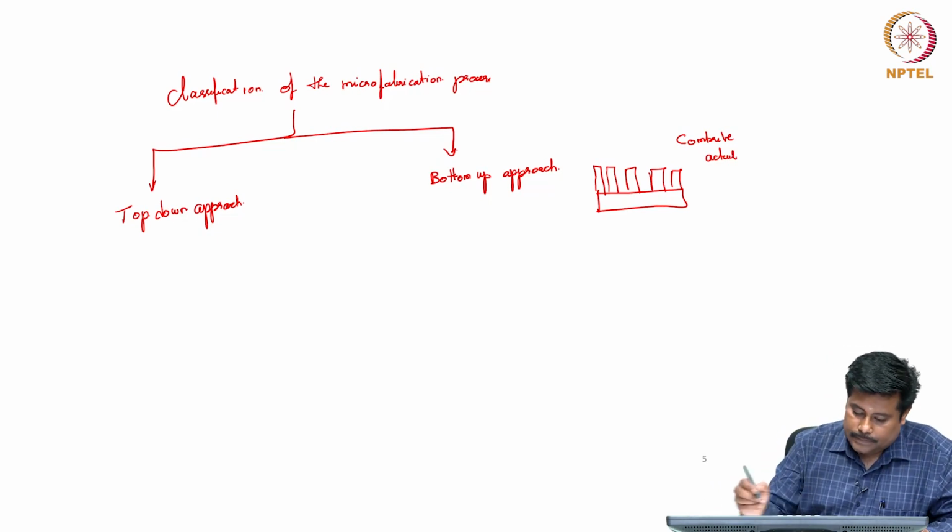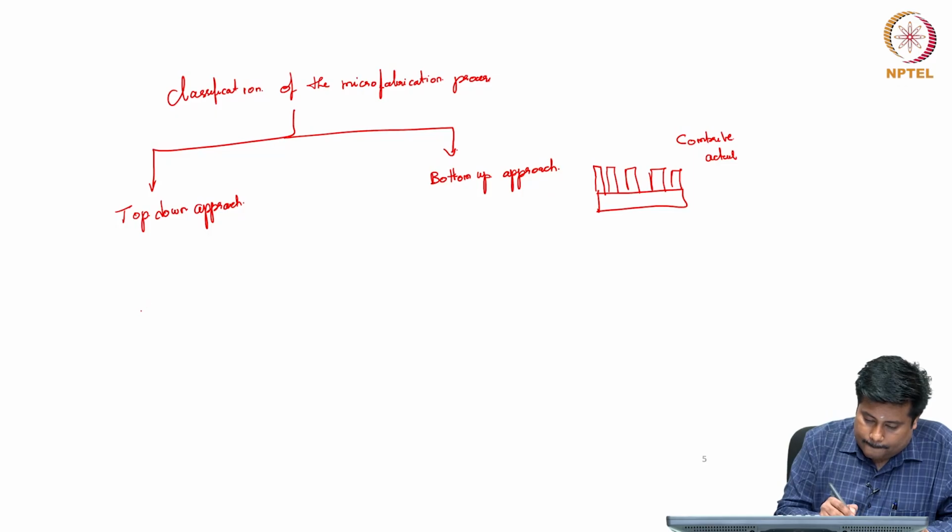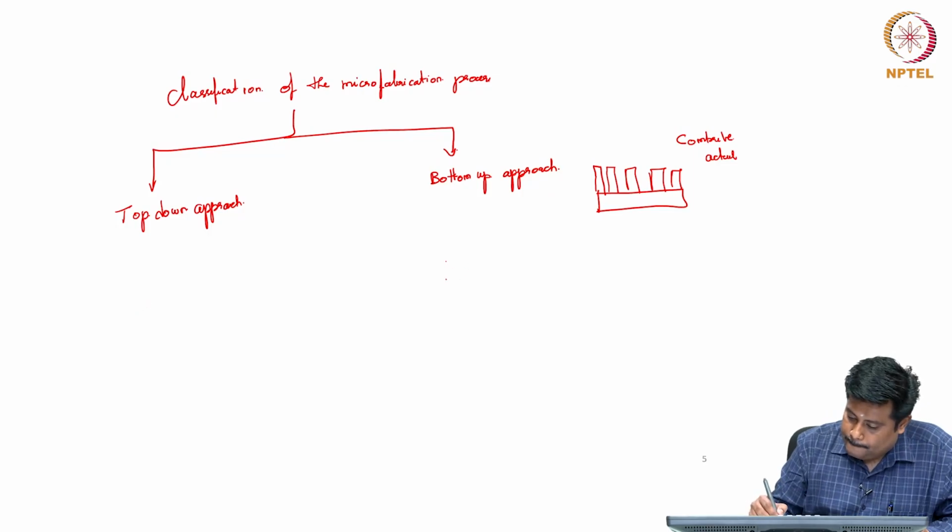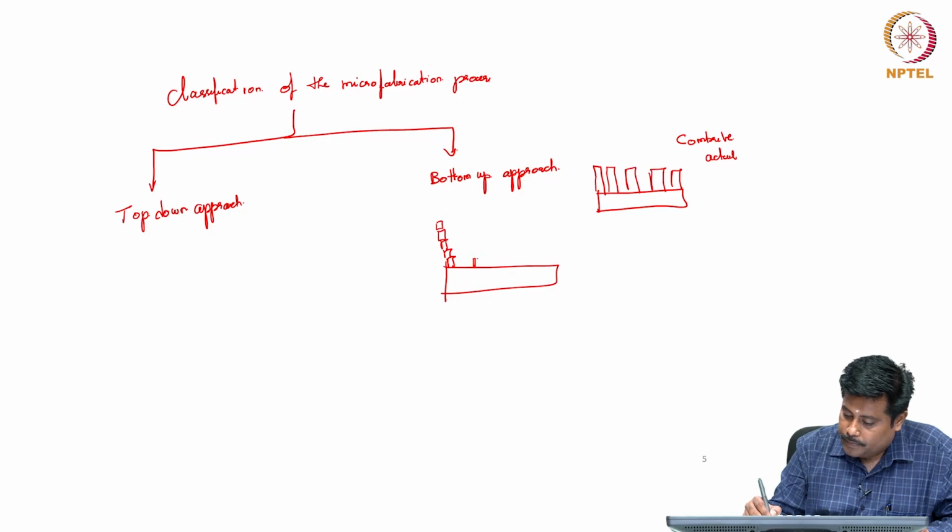One option is, with reference to the substrate, I can build layer by layer. In order to build this layer by layer formation, I need to have an appropriate masking over here.